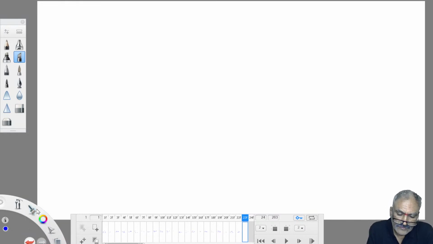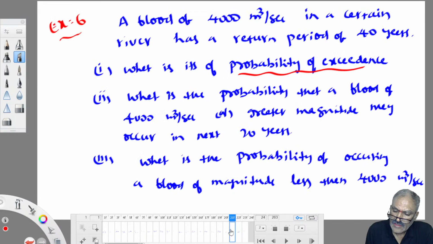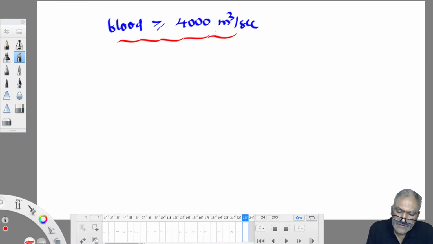So, he has given flood magnitude greater than or equal to 4000 meter cube per second, right? Which has got a return period of 40 years.